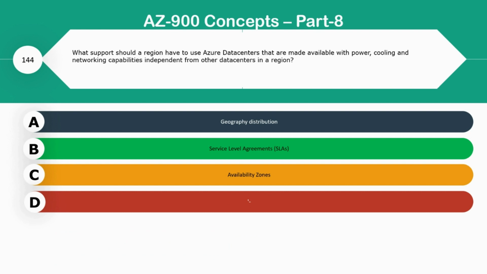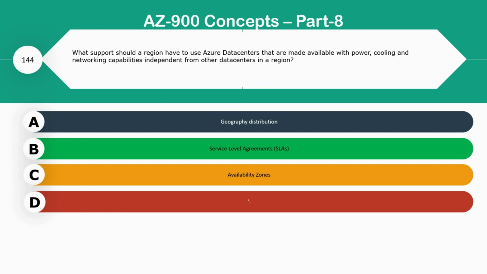Next question. What support should a region have to use Azure data centers that are made available with the power, cooling, and networking capabilities independent from other data centers in the region? Option A, geographic distribution. Option B, service level agreement.